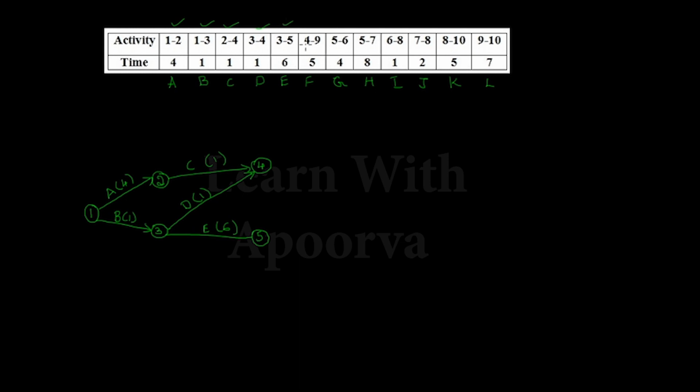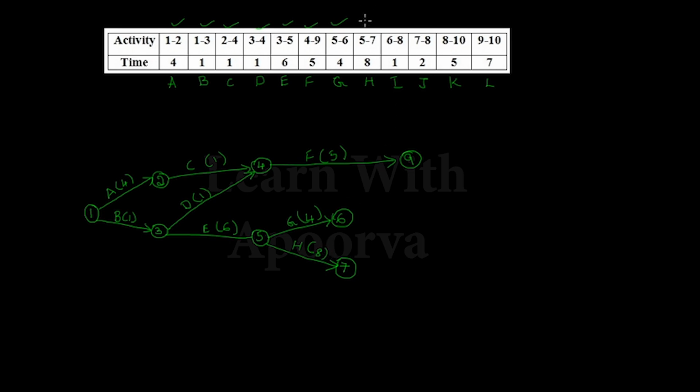So after 3 to 5 we have 4 to 9. This is another activity and it's F with the duration 5. So next we have 5 to 6, and the duration is 4, and the activity name is G. Next we have 5 to 7, activity name is H and the duration is 8.